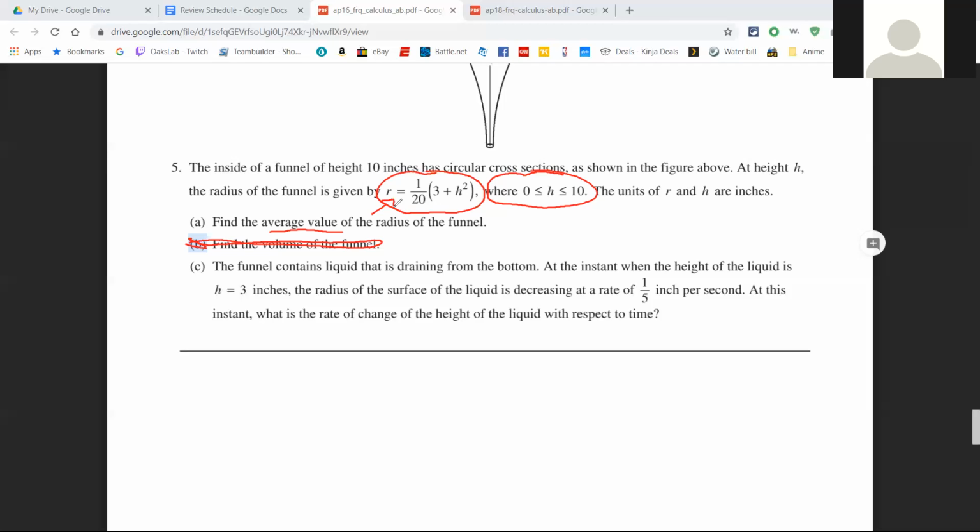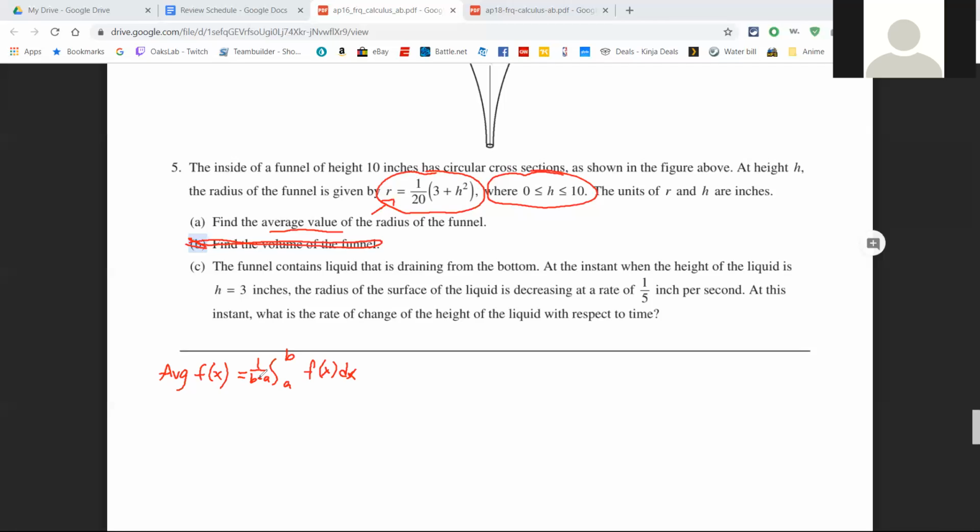Now, this is one formula you should know if they ask you ever to find average. The average of a function, of any function, in this case it's going to be R, is just the integral from A to B of whatever that function is. And then you're going to multiply that by 1 over B minus A. All right.